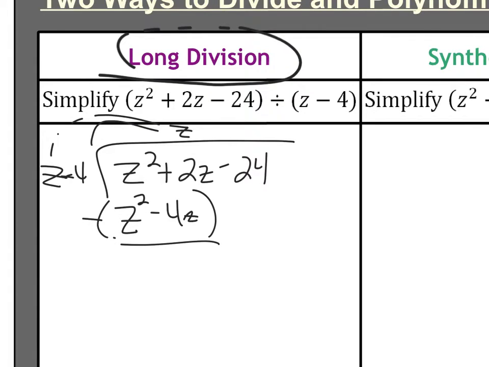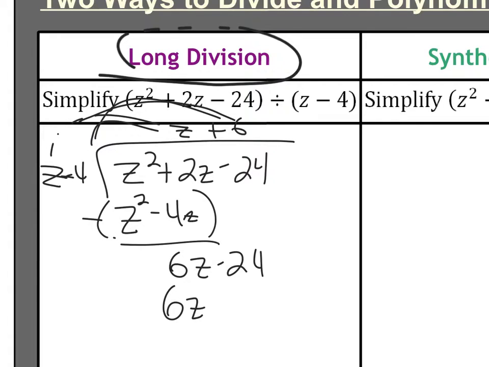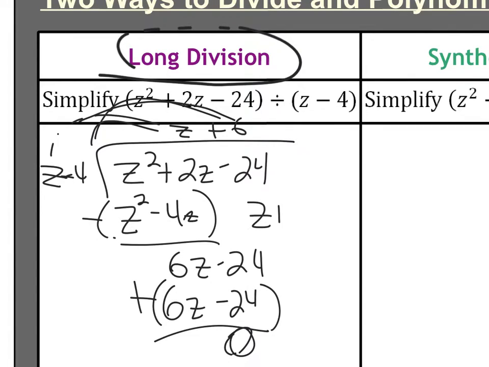Subtract. That's 6z. Z times 6 will give you 6z. Multiply, multiply. So that will give you 6z minus 24. But when I subtract that, I will get 0. So that factored is z plus 6.